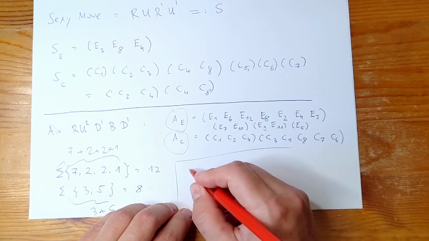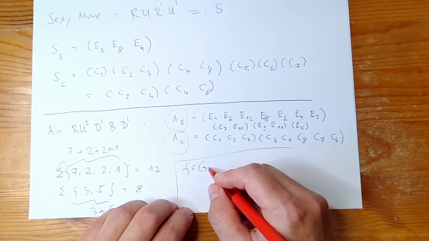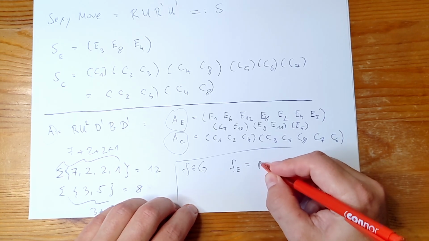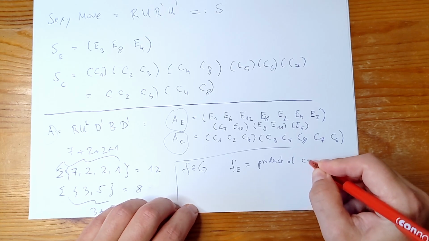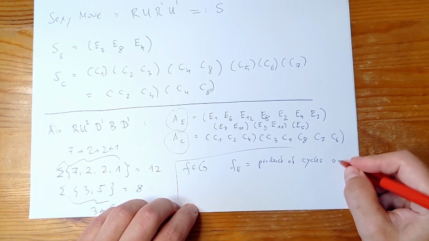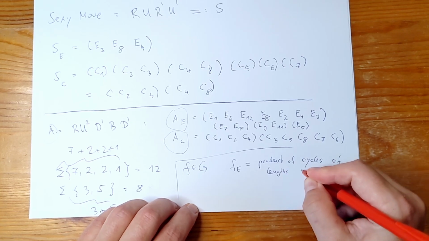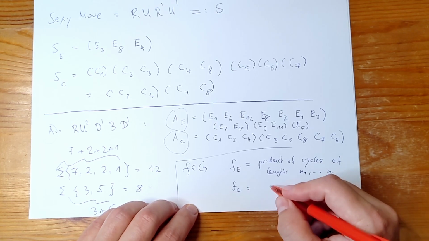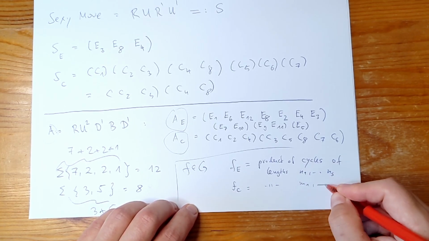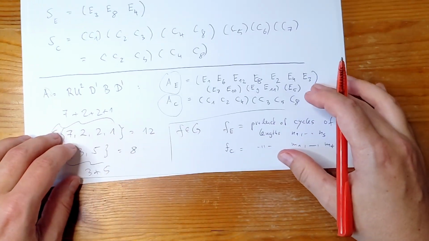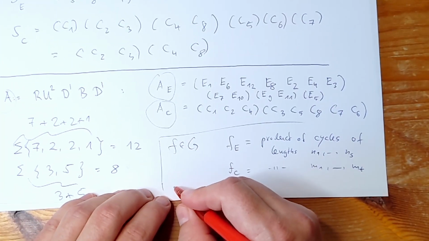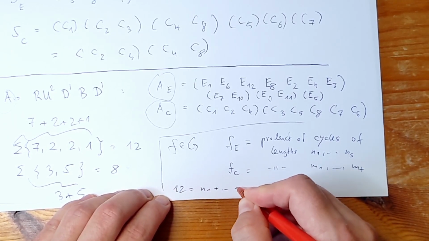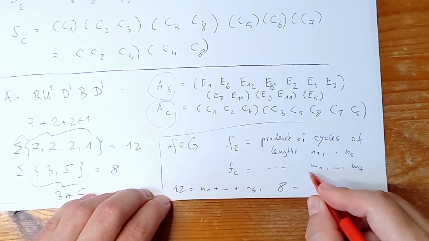So whenever we have a sequence of moves F in our group G, then the edge permutation decomposes into a product of disjoint cycles of lengths, say, n1 to ns, and also for the corners, the same with m1 to mt. And what you then observe is that the sum of all of these numbers here is 12, and the sum of these numbers here is 8.